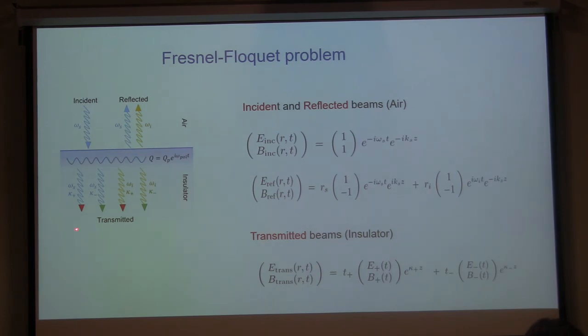So if we think about the eigenmodes in the medium, they're now superpositions of the signal and idler frequencies, which means that this incoming light will excite not only light at the signal frequency but also the idler frequency, and therefore what will be reflected is again signal and idler frequency.